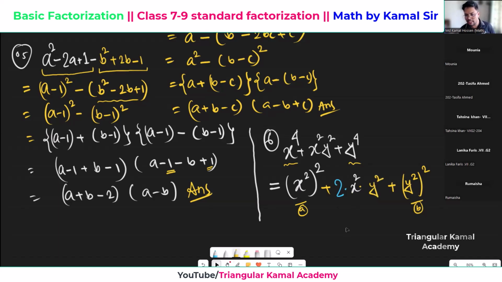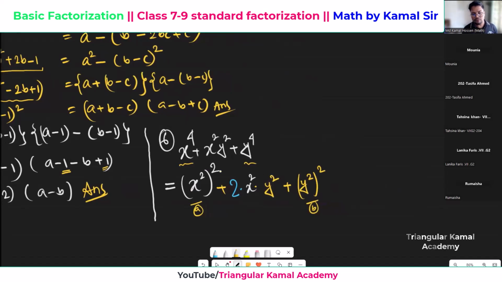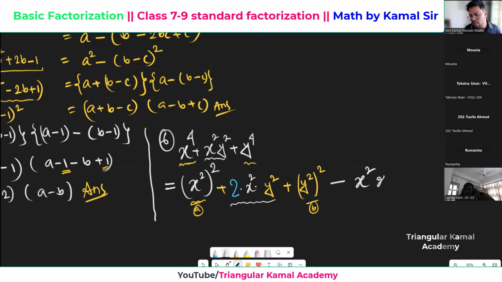So now just see the second line properly. Just cross check here: x to the power 4, and x square whole square means x to the power 4. Here we see 1 times x square y square, but we wrote 2 times x square y square. So it is 1 times greater than the given expression, so we have to subtract 1 times from 2 times.